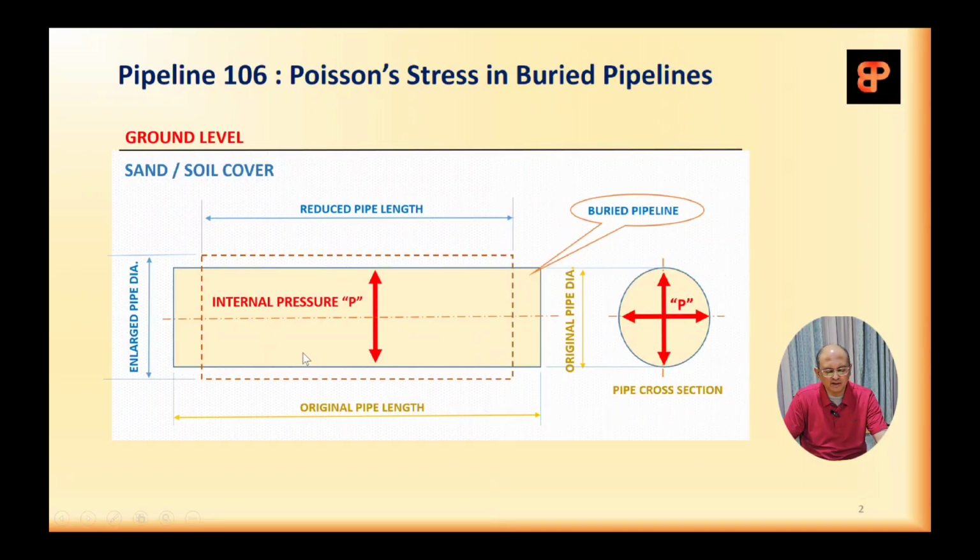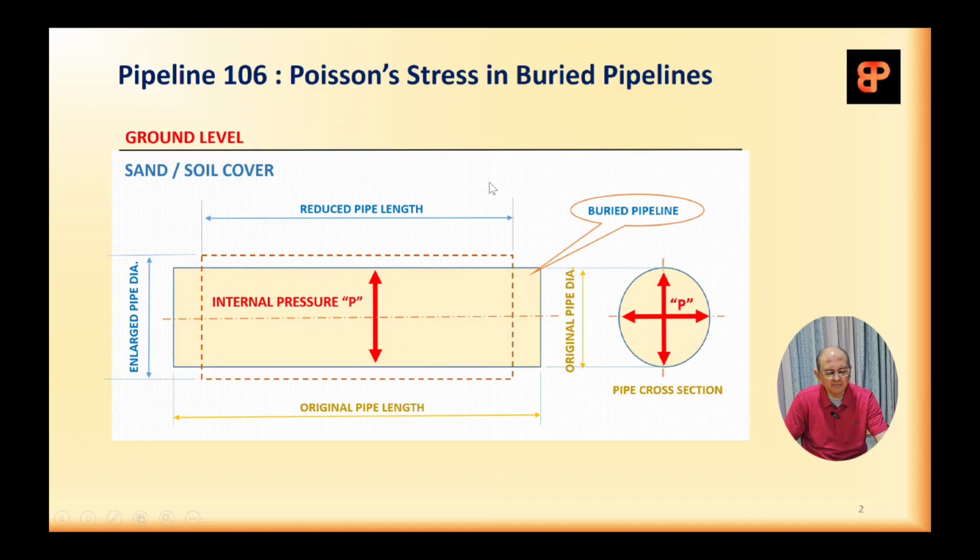It is shown here: the original diameter and the enlarged diameter after the pressure acts, and the original pipe length, which shrinks along the axial direction as it expands radially. This proportion of radial expansion to axial reduction of length is called Poisson's ratio, and this is what is considered as Poisson stress.